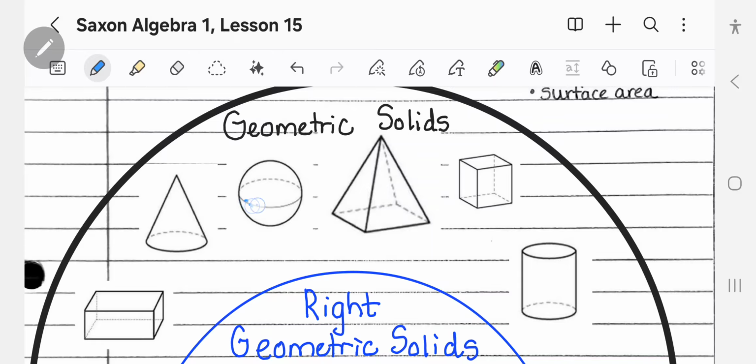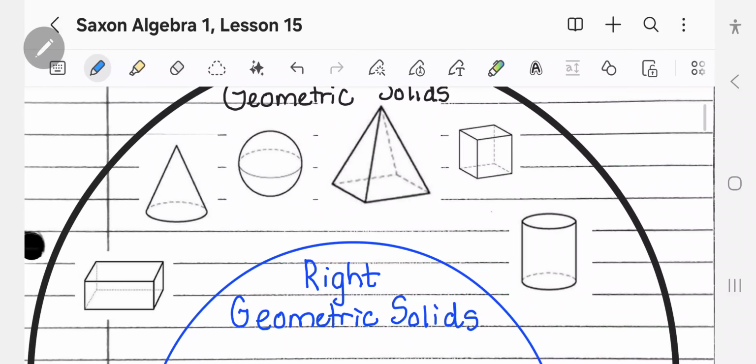They drew this little dotted line to represent that there's some depth to it, a three-dimensional drawing of a figure on a flat surface. So these are all 3D things, and they're geometric solids, with some length, some width, some height to them.